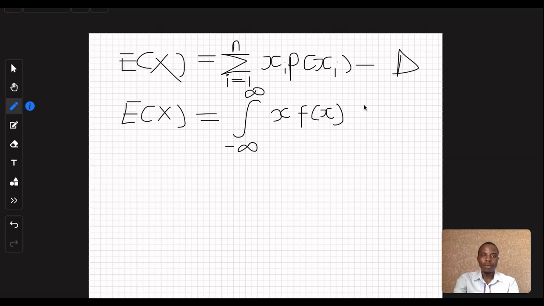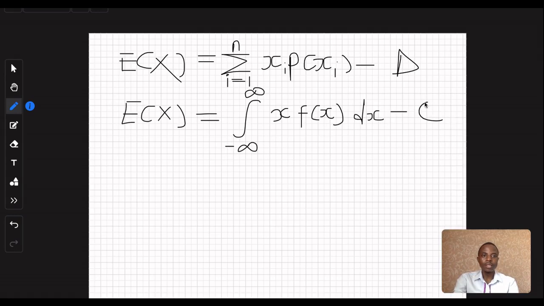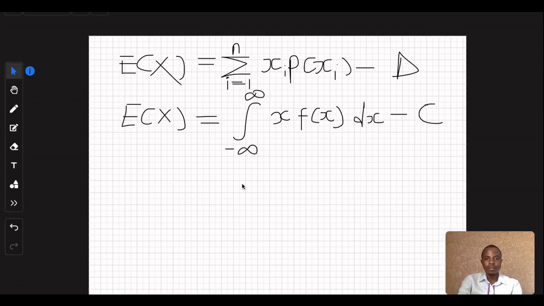And then we are integrating this with respect to x. So this is the case when it is continuous. All right, having said that, let's take an example and see what we are going to have for the continuous distribution.